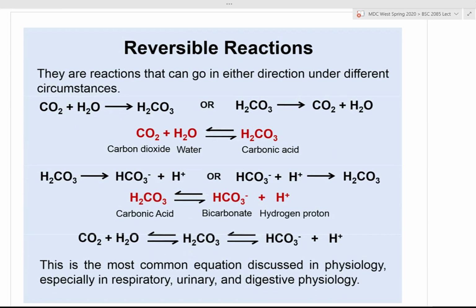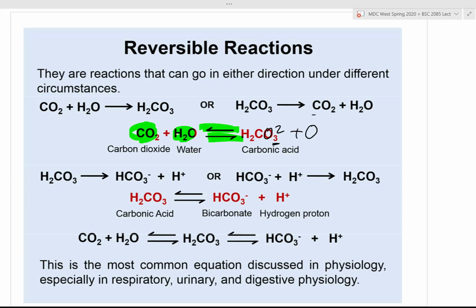So what is a reversible reaction? A reversible reaction is a reaction that can go either one way or another way, forward or backwards, right? So reversible reaction means, for example, carbon dioxide and water. If you get the carbon dioxide, you get CO2, and then you're missing another oxygen, right?